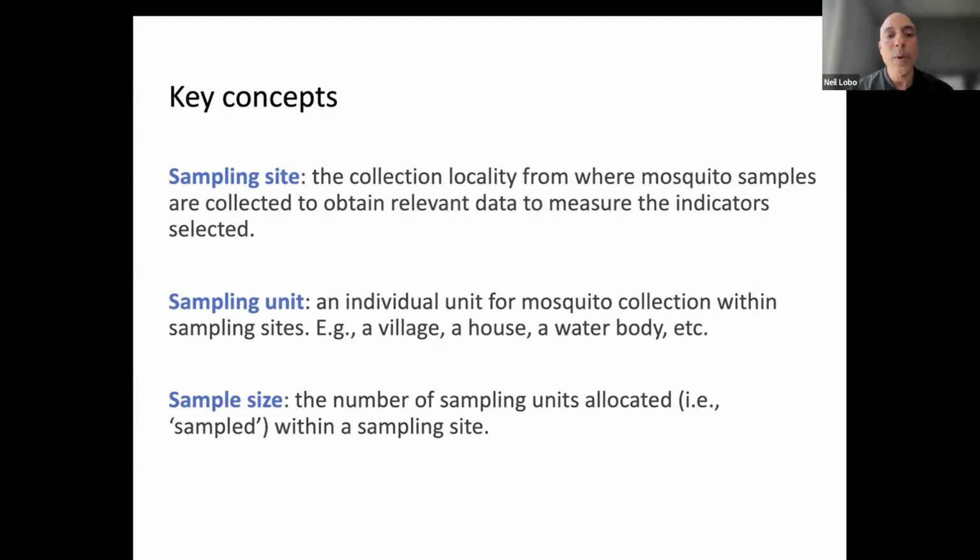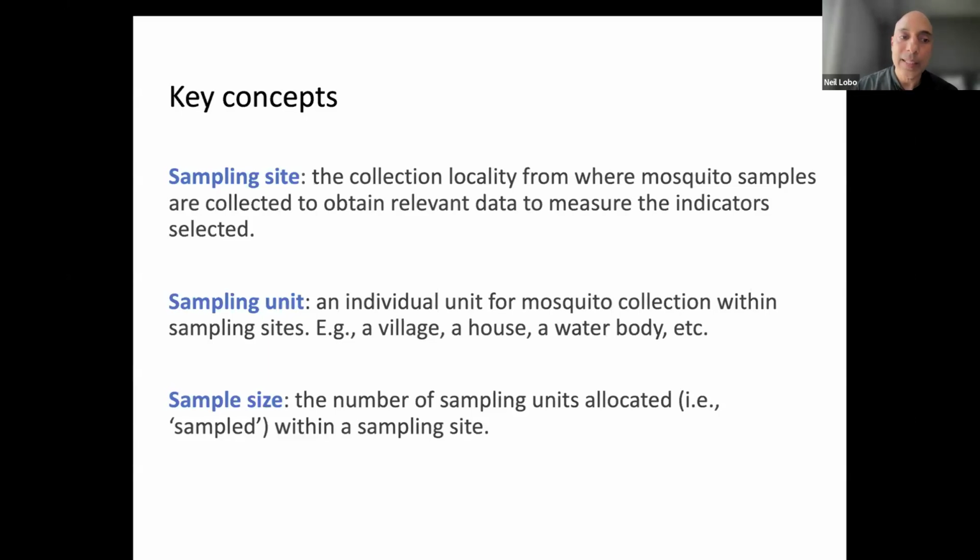So we'll have a village where we're looking at IRS. That would be the sampling site. The sampling unit within that village would be a house. And the sample size is the number of sampling units that we actually use. The number of sampling units allocated within a sampling site. So this would be the number of houses where we conduct our sampling.